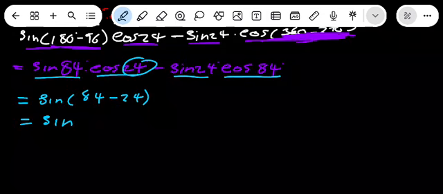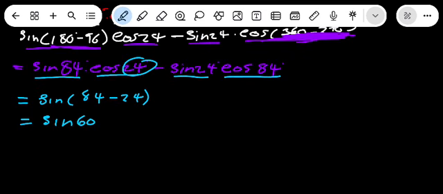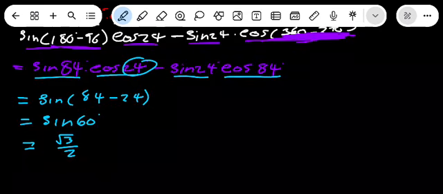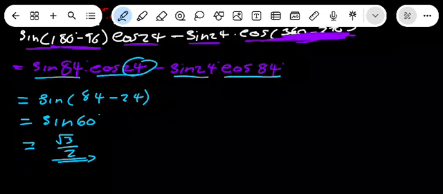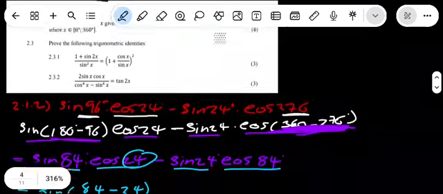Subtracting this gives us 60 degrees. 60 degrees is a special angle, so this will be the square root of 3 over 2. That is what we have.